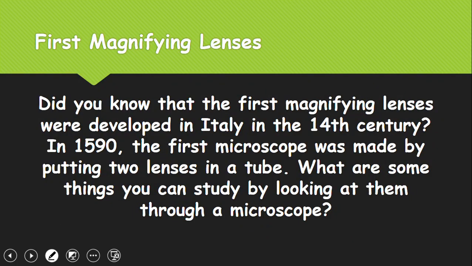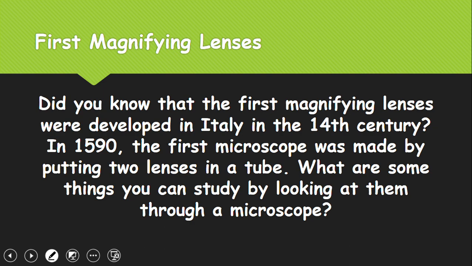The first magnifying lens. Did you know that the first magnifying lenses were developed in Italy in the 14th century? In 1590, the first microscope was made by putting two lenses in a tube. What are some things that you can study by looking at them through a microscope?